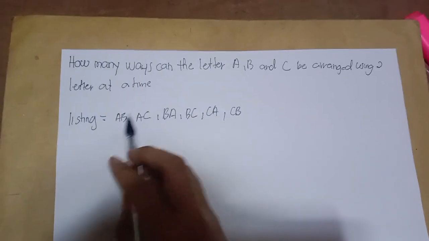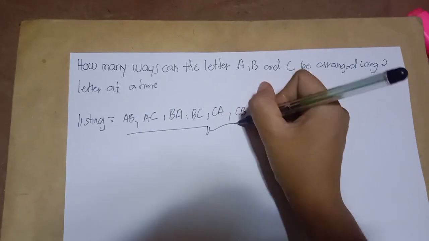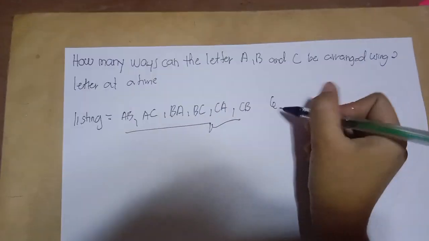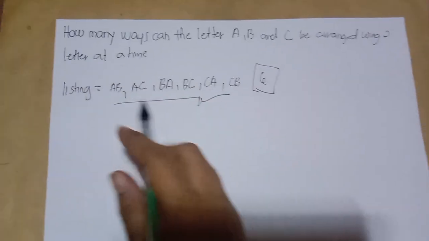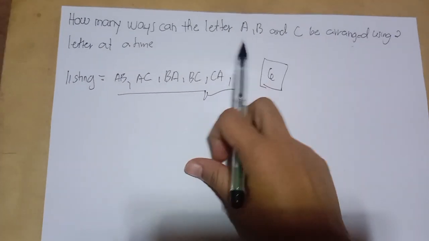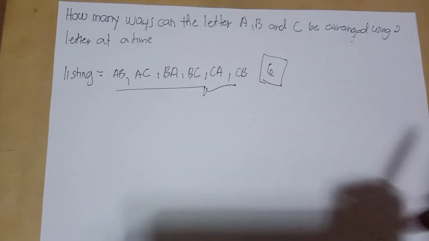So, 1, 2, 3, 4, 5, 6. This has 6 different ways, using the listing method. The letters A, B, and C can be arranged in 6 different ways.